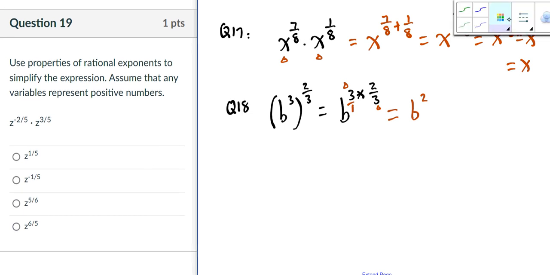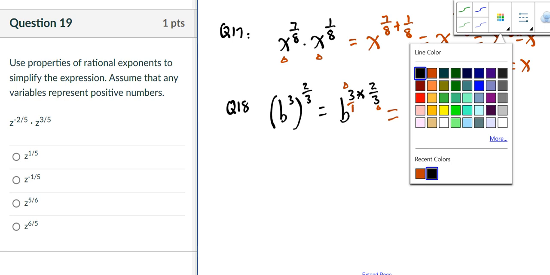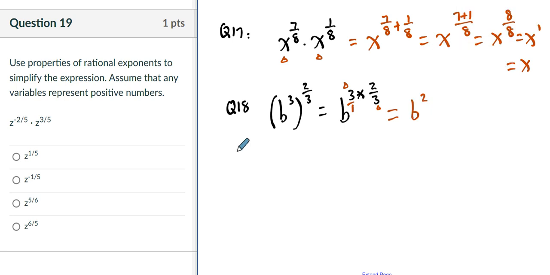Now, question 19. We can see here the base is the same, which is z. Exponent 1 is -2/5.